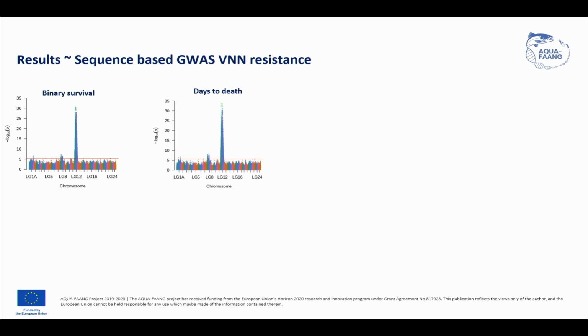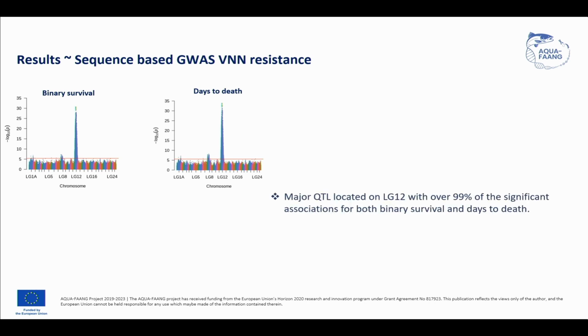So going to the GWAS results, very impressive results. I think we are all proud of the result. They are impressive and convincing, so we are pretty sure that we got it.